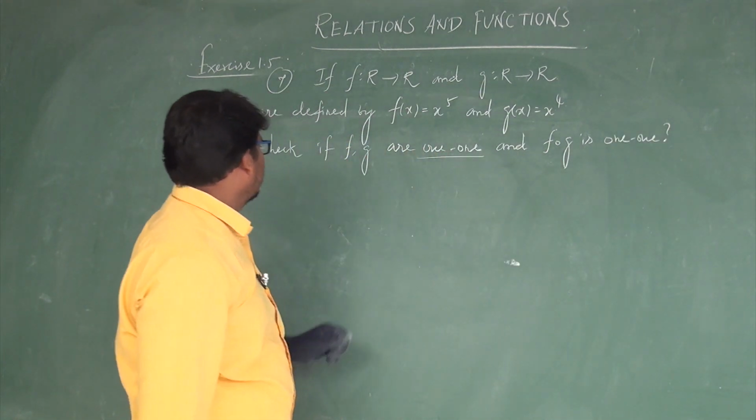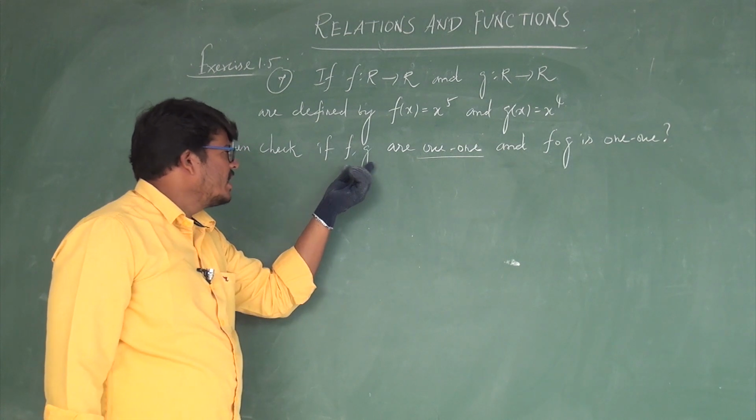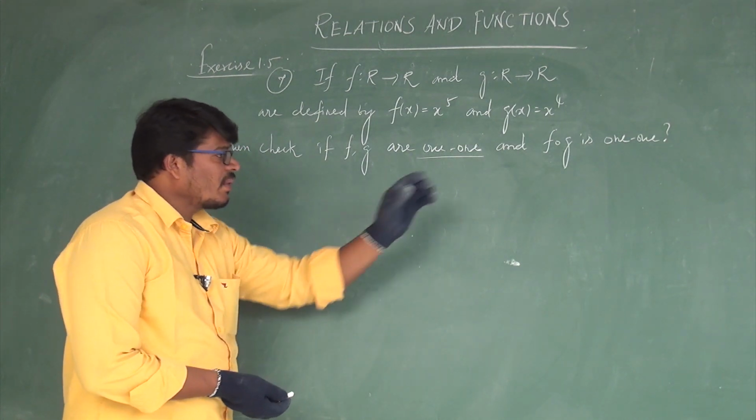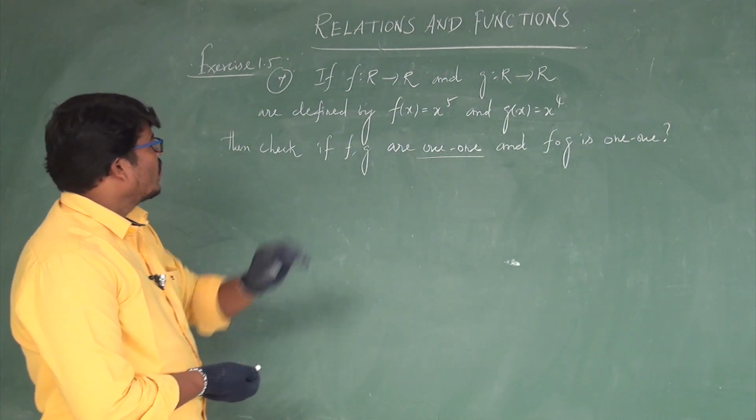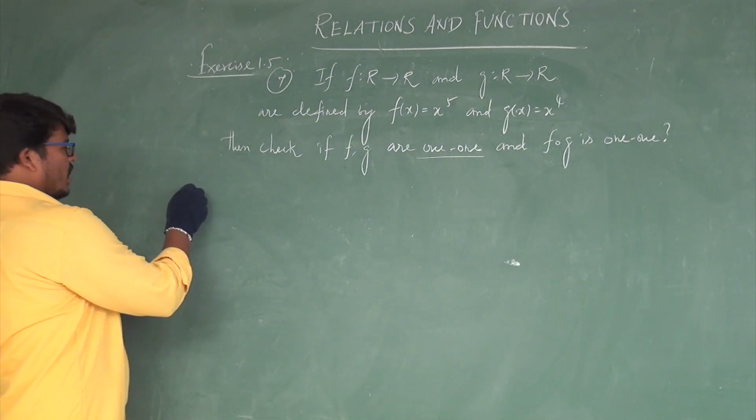Now check the result. First one is f and g are one function, and the second one is f dot of g is one function.